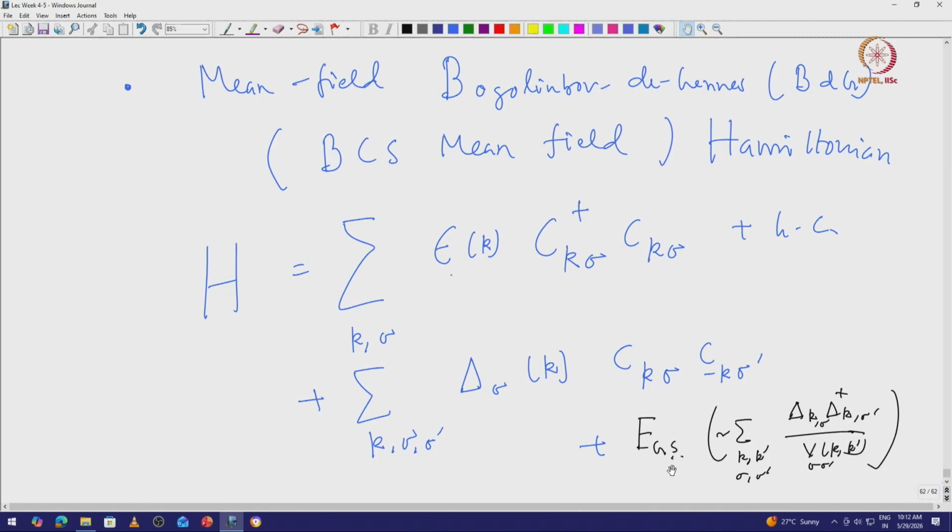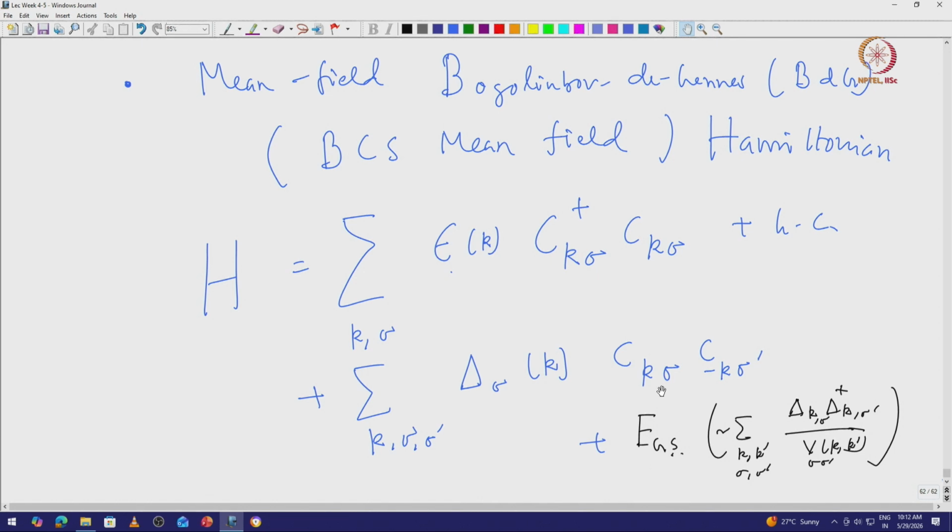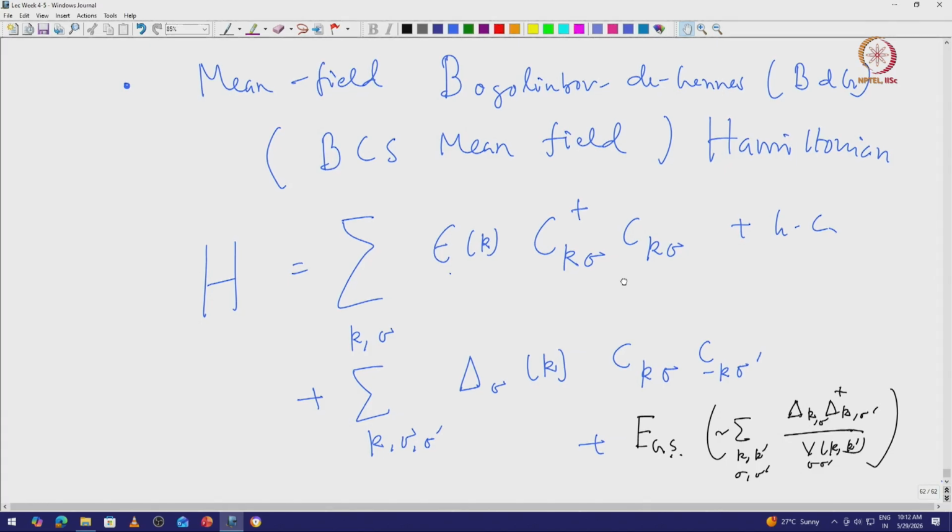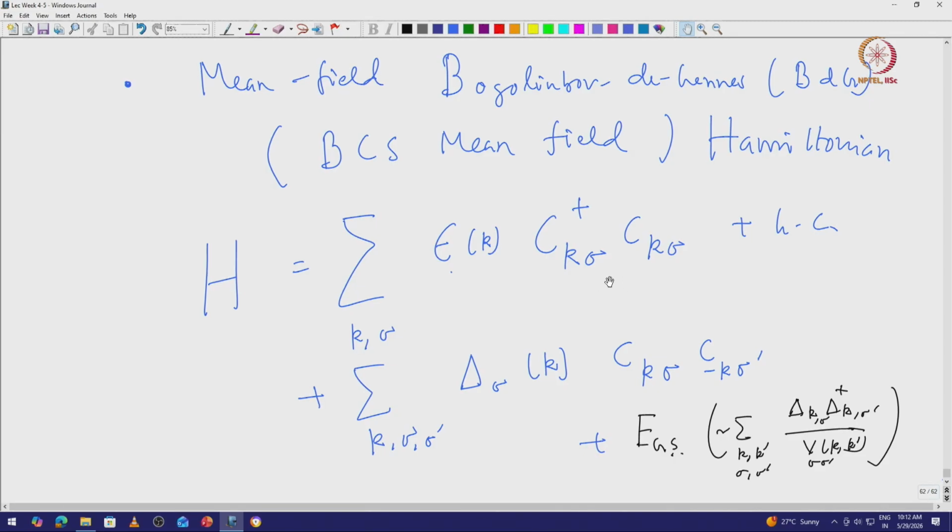So, it is a lot of electrons that go there forming Cooper pairs, and there is no limit of how many electrons can go. So, that is why it is a condensate. It is a different type of condensate called BCS condensate, and these are the excitations. So, whether these excitations form a topological phase or not is what we are going to study, and that is called the topological superconductivity.